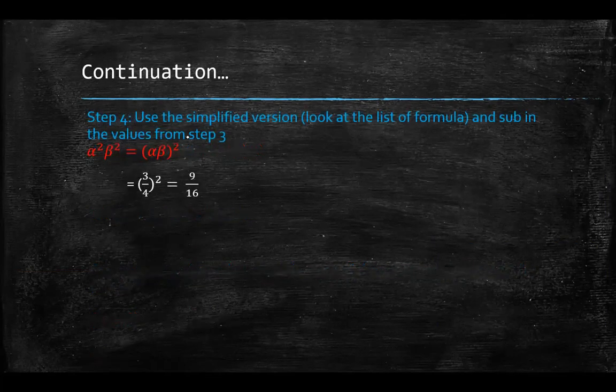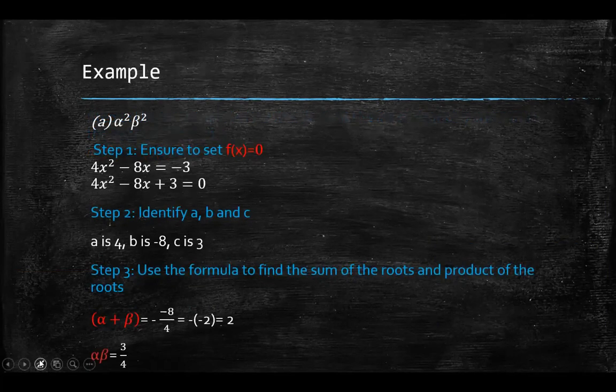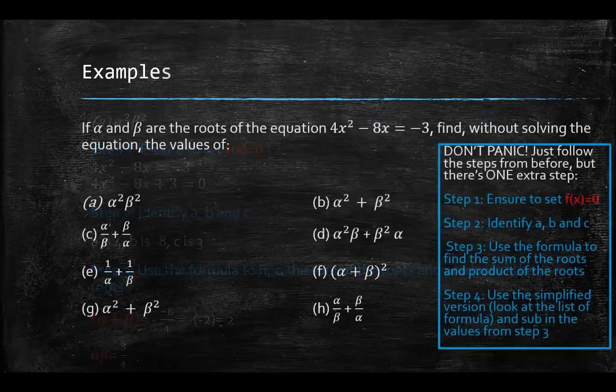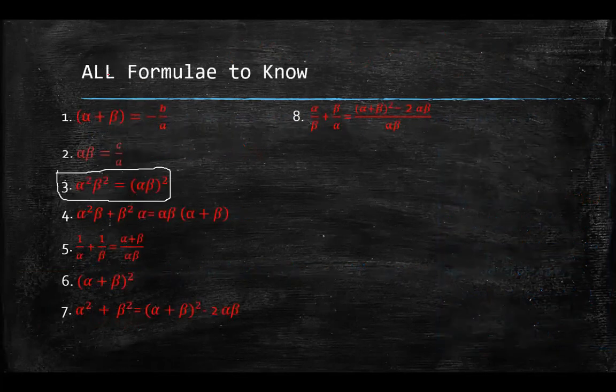Number 4. So in this question, before, in any questions before what we were practicing, they wanted us to find alpha plus beta, and they wanted us to find alpha beta. Not in this question though. In this question, they want us to find alpha squared and beta squared. Now, looking at this list, alpha squared beta squared is the same as alpha beta squared, right?